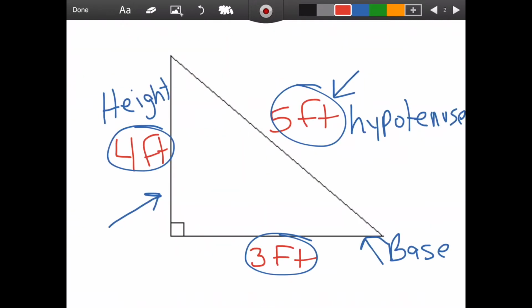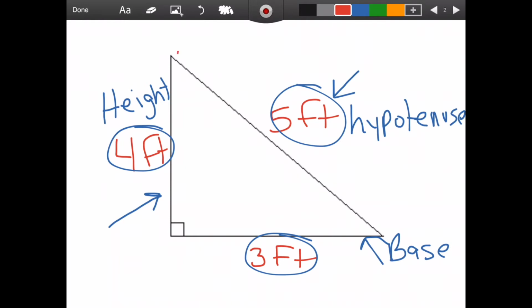Now, when it comes to the area of that right triangle, we have to remember something that we already know. One thing that we already know is how to find the area of a square or a rectangle. You may notice that a right triangle looks like half of a square or a rectangle. So we can add another triangle and put it together to make a rectangle.